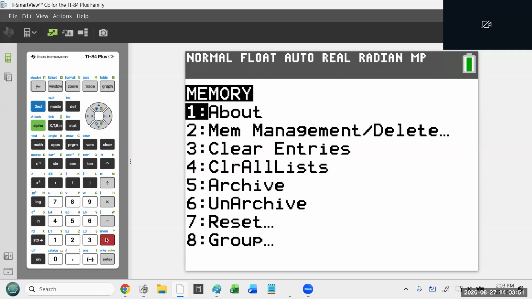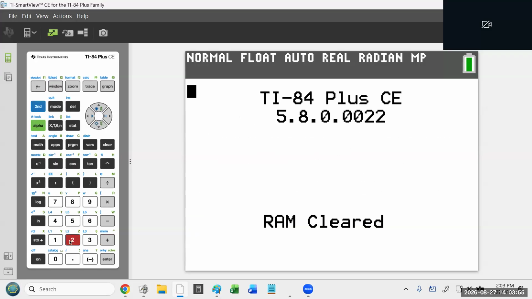Then you press 7, 1, 2. Now, here's the beautiful thing about that. You just reset the calculator. It doesn't matter what anyone else did with it before you had it. It's a fresh, clean calculator now. So again, second plus 7, 1, 2. And I do that before every problem.